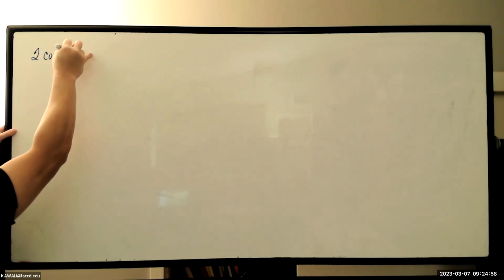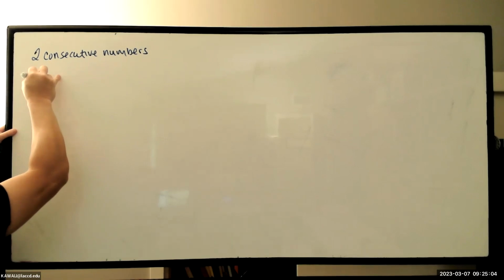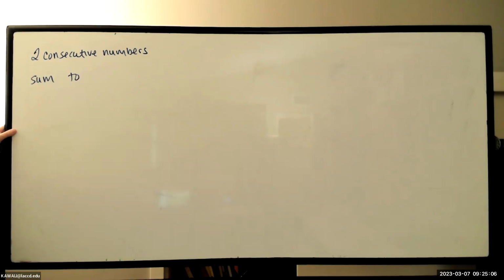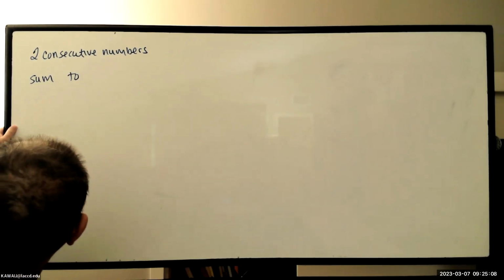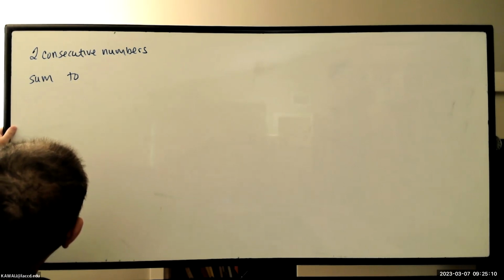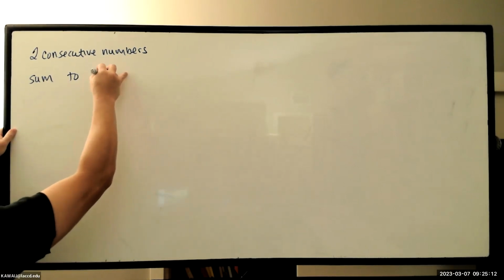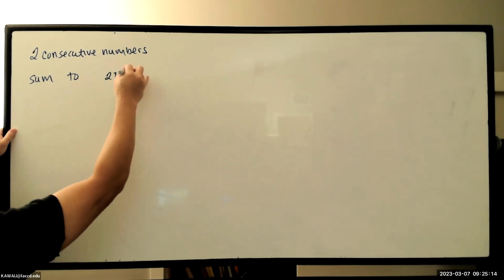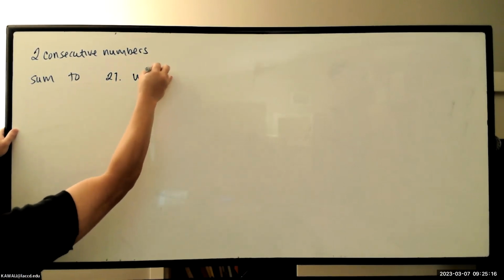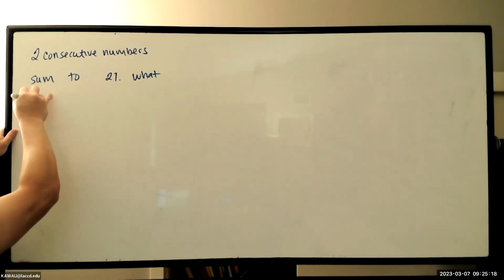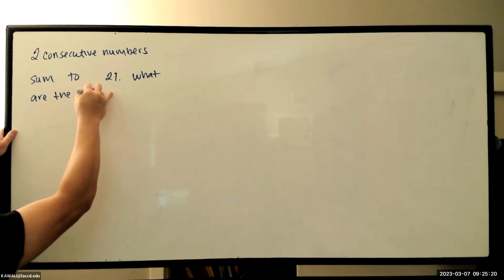So, two consecutive numbers sum to, let's go 27. What are the two numbers?